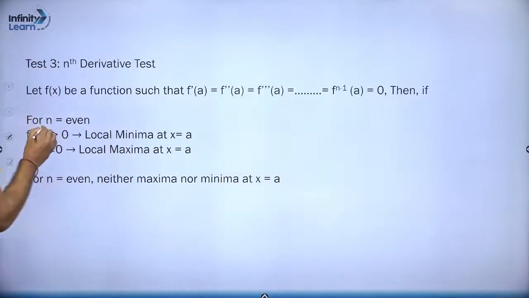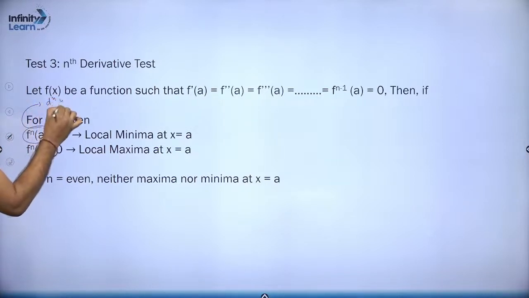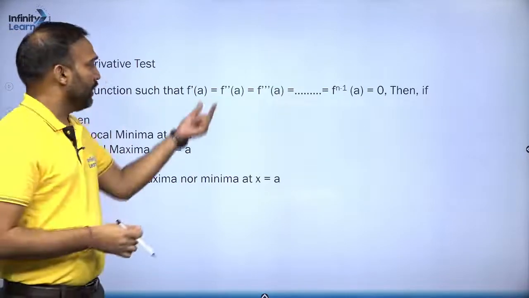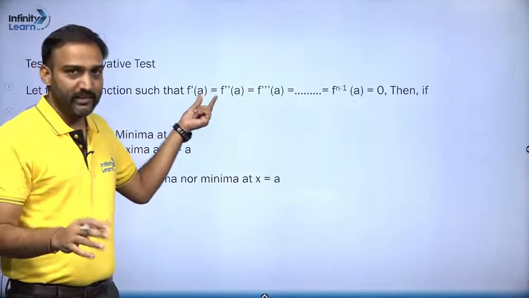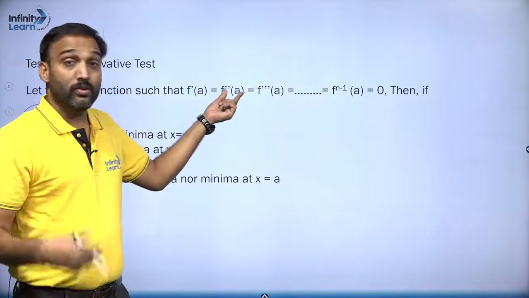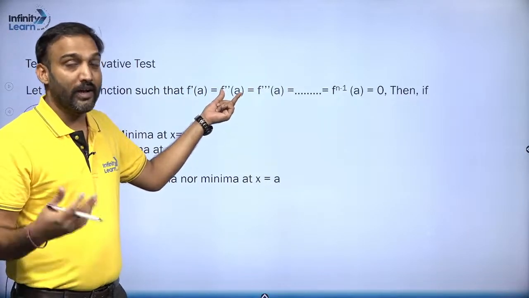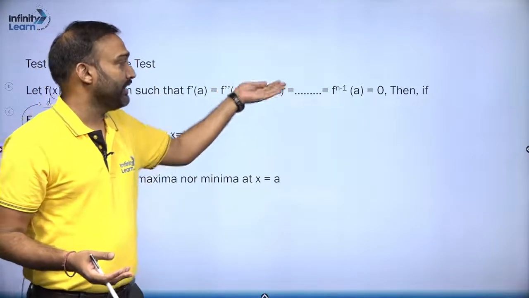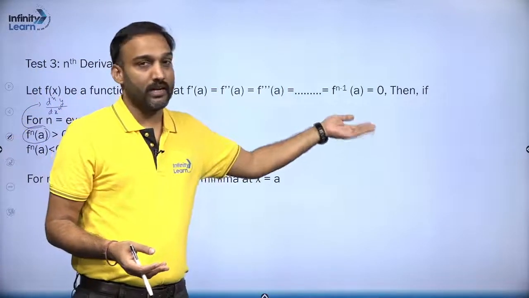So f^n(a) over here is nothing but the nth derivative of the function. So there is a function, you differentiated it, at point a it is 0. Then you double differentiated it to find d2y by dx square, it is again 0. And you are differentiating it at every point, you are getting 0.